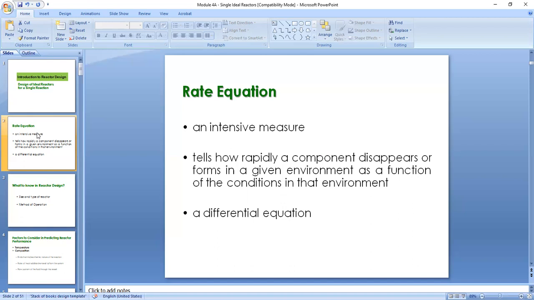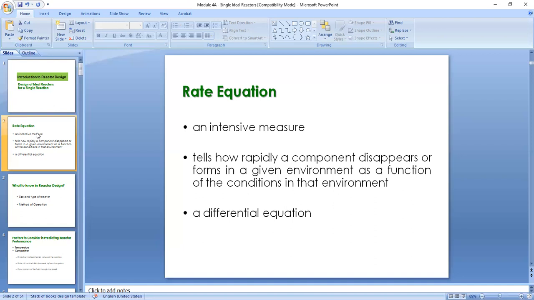Now, we know that when we speak of a rate equation, it is a differential equation, contrary to what others often confuse it with, the rate law. The rate law is simply the rate equated to the product of the rate constant times the concentration term or terms raised to the corresponding order of the reaction based on the species of that particular reaction.